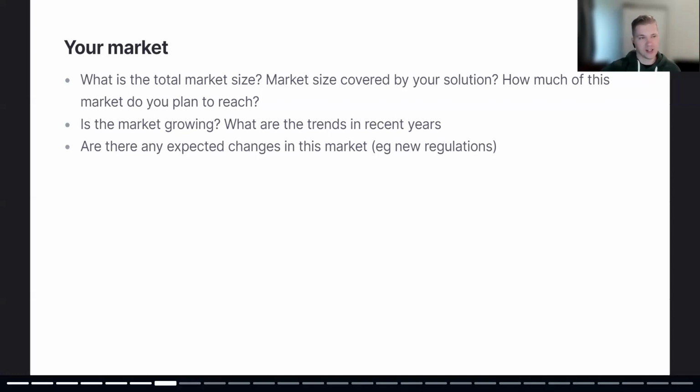Probably not everyone still has it, because nobody actually went to check, but for sure there was a spike in how many fire alarm sets were bought in Latvia, because there was just a new rule that everybody needed. So if you can find something like this, that also might help you prove that there will be demand for your idea.